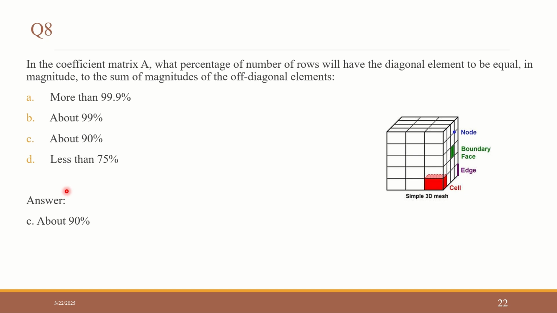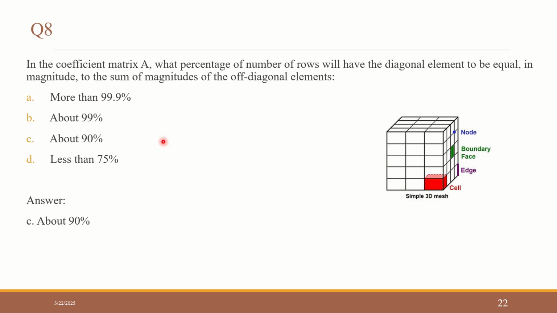Here we have 7 non-zero elements, with repetitions of 1 and 2. It will lead to the diagonal element being equal in magnitude to the sum of the magnitudes of the off diagonal elements. I'll show you how in the next slide, but the right answer is about 90 percentage.